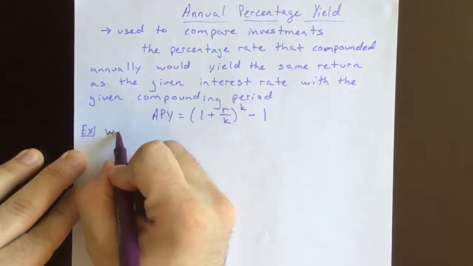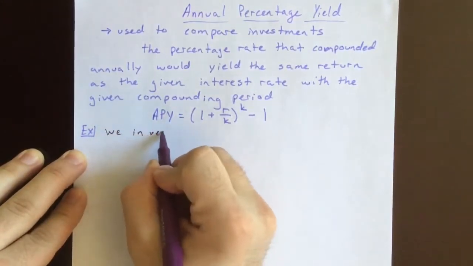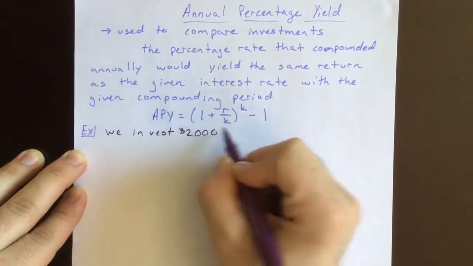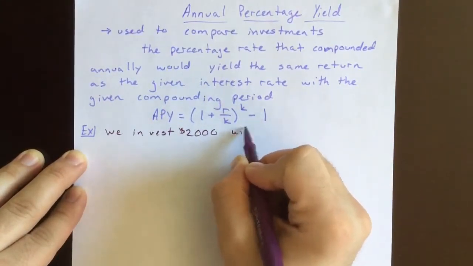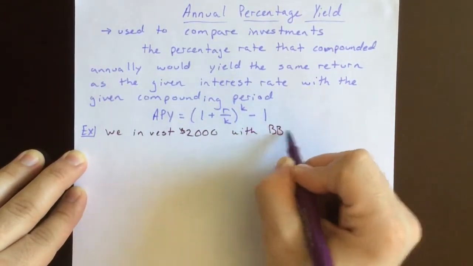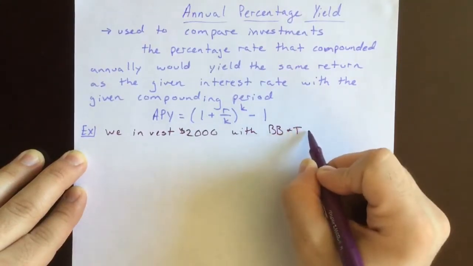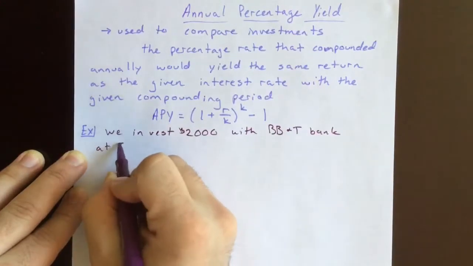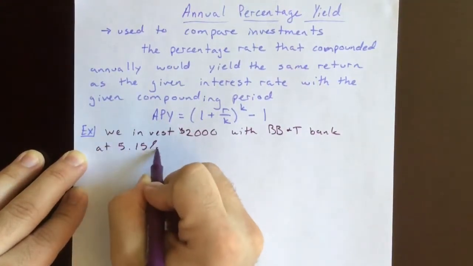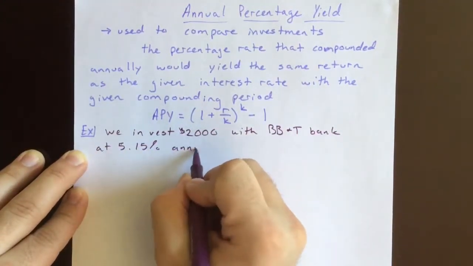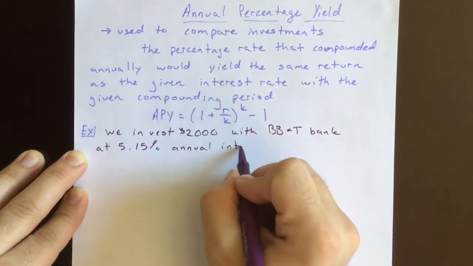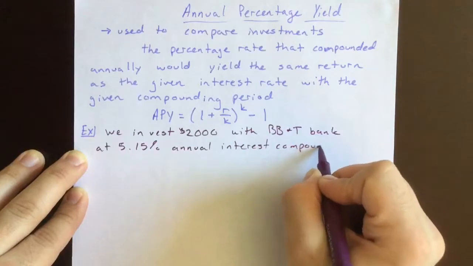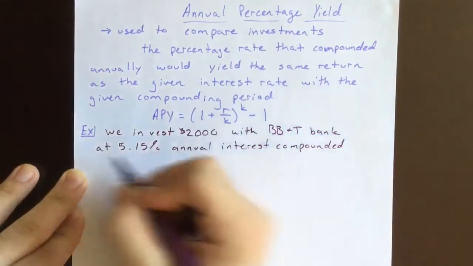So let's say we invest $2,000 with BB&T Bank at a rate of 5.15% annual interest, compounded quarterly.